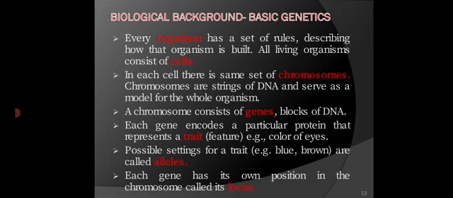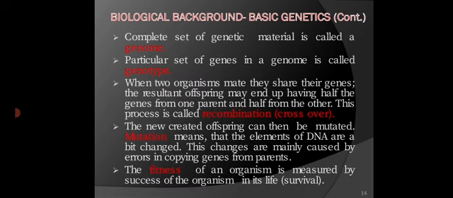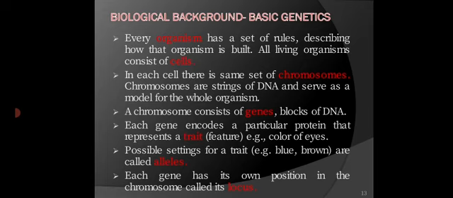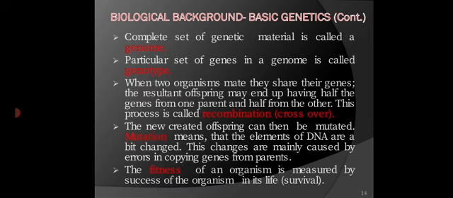The location of those genes is known as locus. Now the complete set of genetic material is called genome. A particular set of genes in a genome is called genotype. So for all body features there is a DNA string, there are genes and their features and their locus, right? So here they have their own genotype.